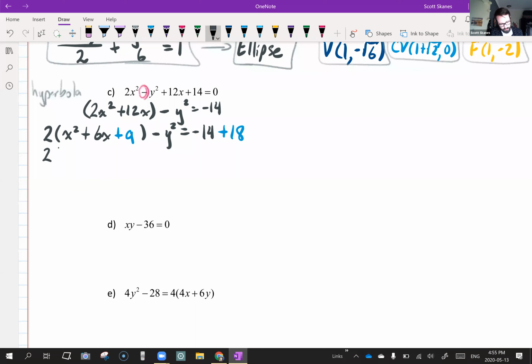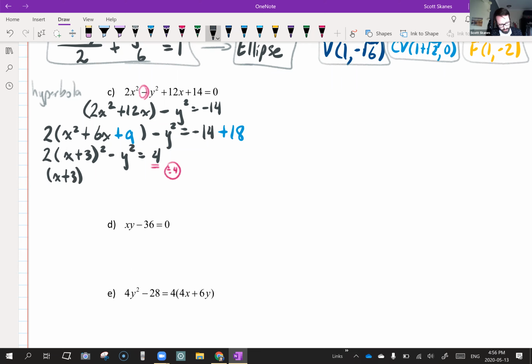On the left side, that's x plus 3, because I just divide this x by 2, minus y squared equals 4. Okay, the right side is fixed. And the only thing left is that we need to take that 4 and divide everything by it to get it equal to 1. So what's 2 divided by 4? Your calculator should give you 1 over 2. That's a good hint.